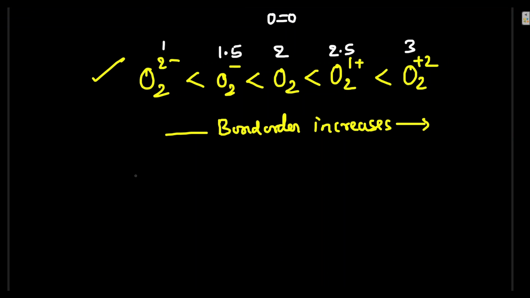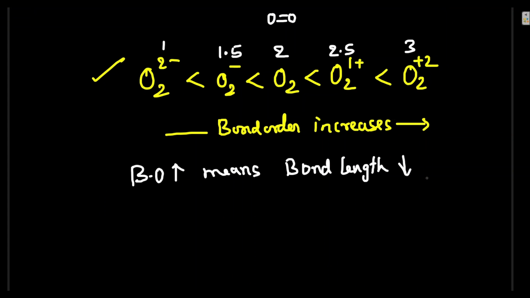And some more points, what you already know: bond order increases, what happens to bond length? Bond length decreases, because the atoms will come closer and closer together when the bond order increases. What happens to the bond dissociation energy?